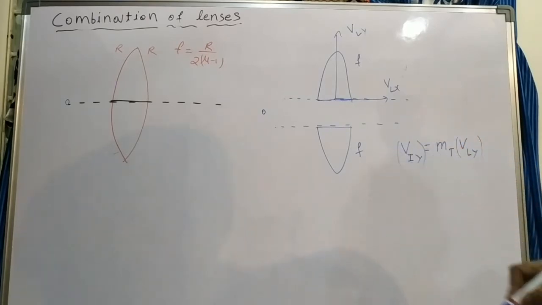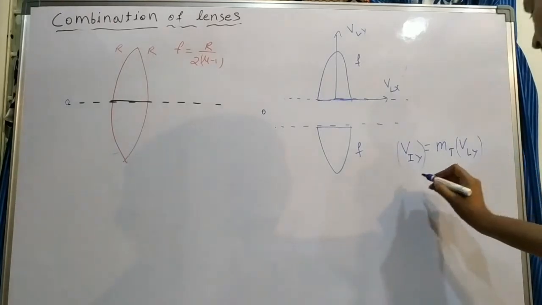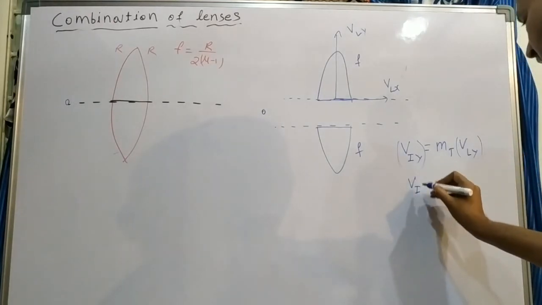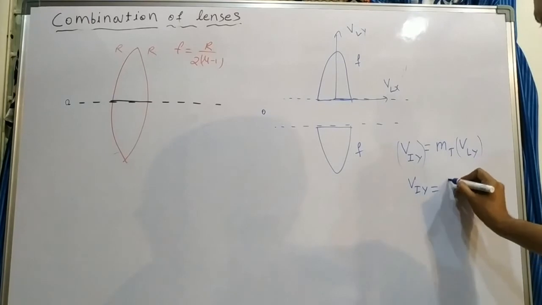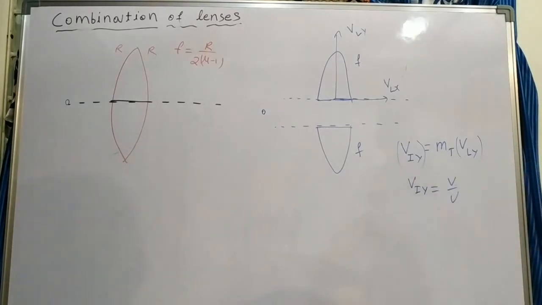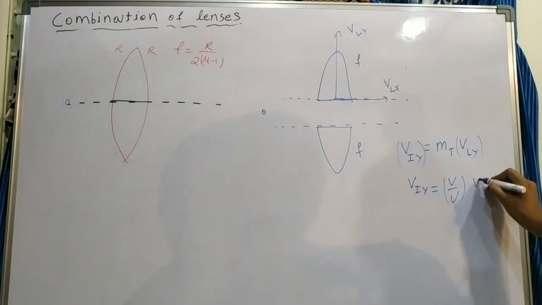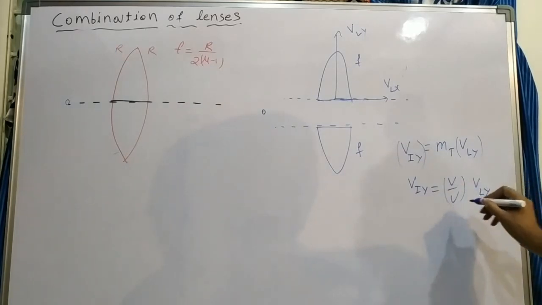This is the velocity of the image in the vertical direction. MT is the transverse magnification, so this formula we can modify. VIy is equal to MT times VLy, and MT is v by u, so we can write v by u into the velocity of the lens in the vertical direction.